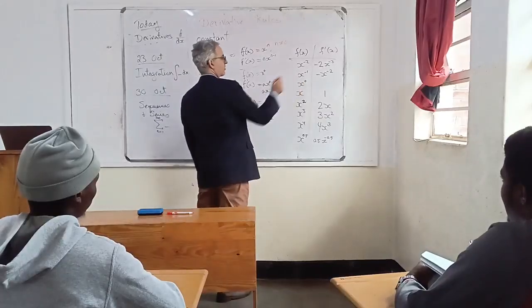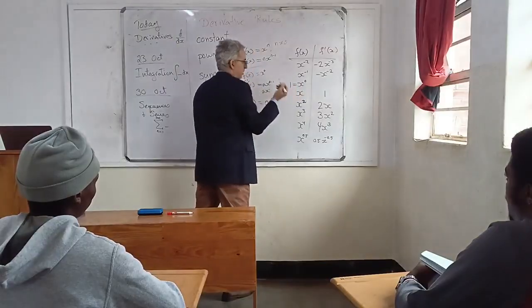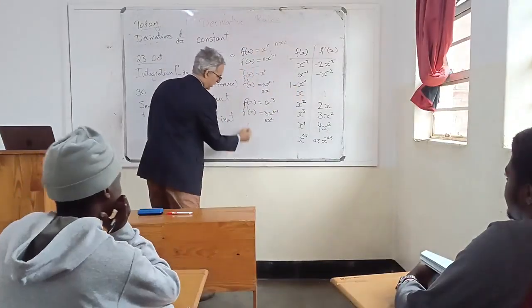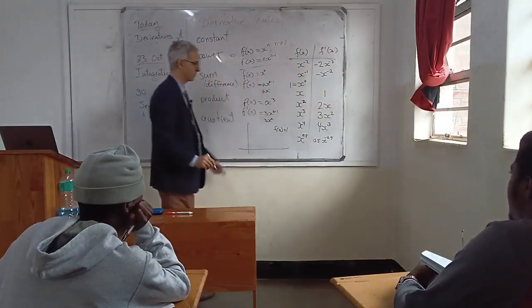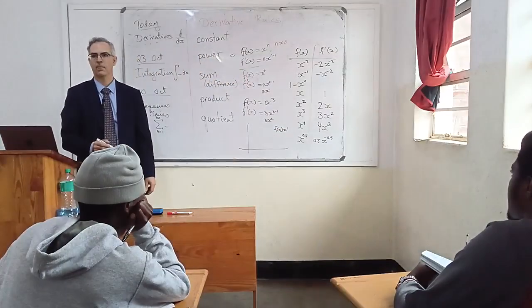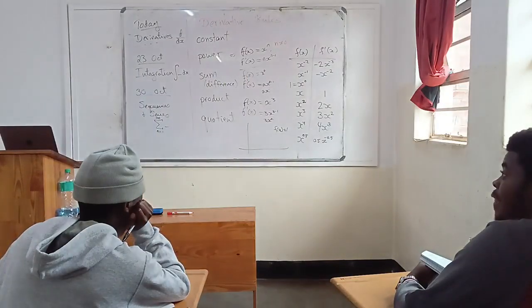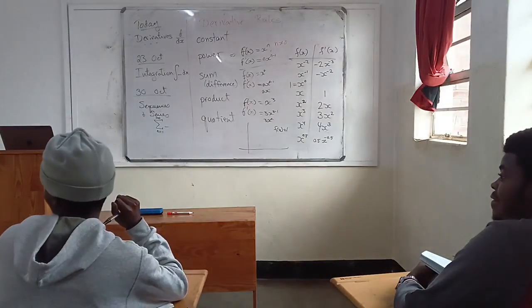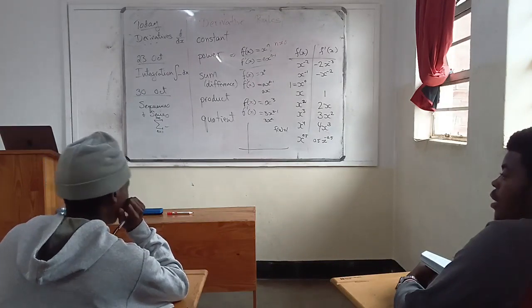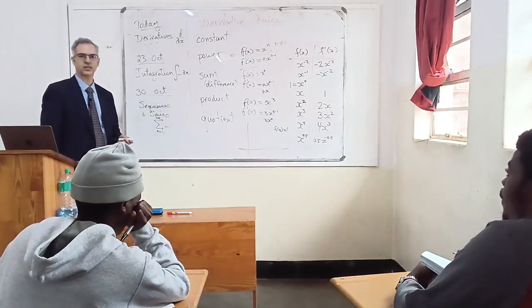What is x to the 0? It's 1. Yeah? Just the number 1. Now think of the graph of f of x equals 1. What does this graph look like? What does f of x equals 1 look like?